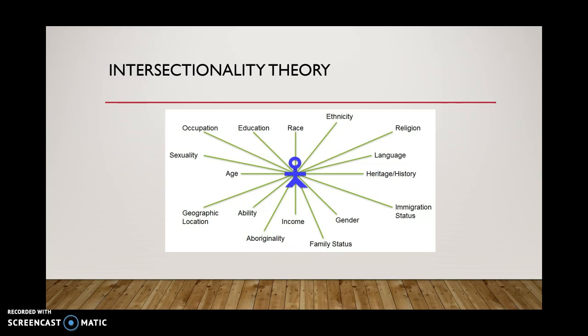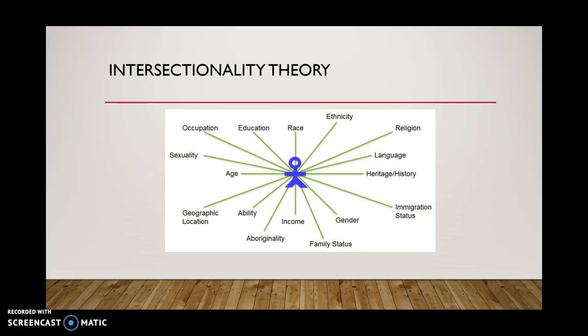So the first thing I thought was important enough to include in this was intersectionality theory. Intersectionality theory refers to the interconnected intersections of social factors and categories such as race, class, gender, socioeconomic status, and other social factors in a given individual or group or social entity. A lot of the times they overlap.